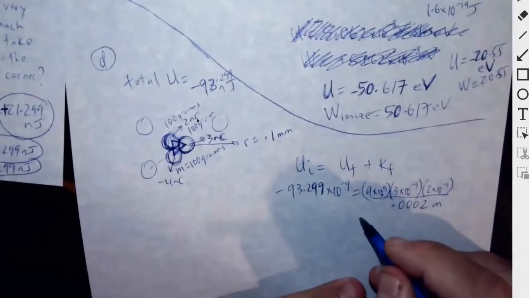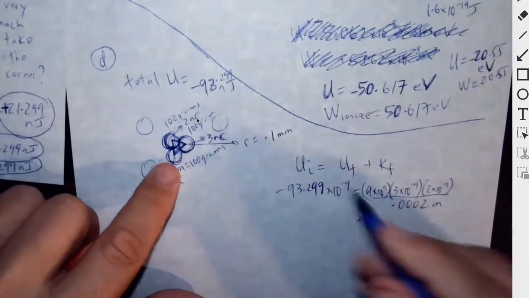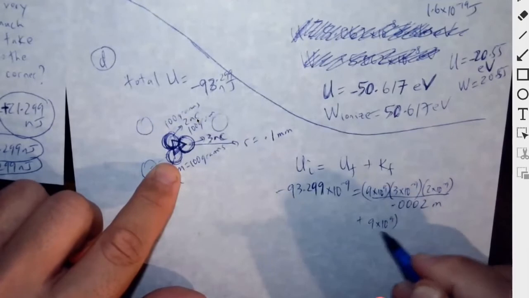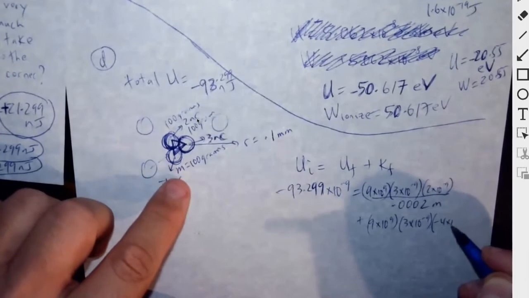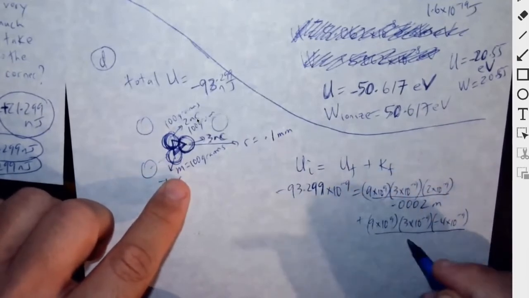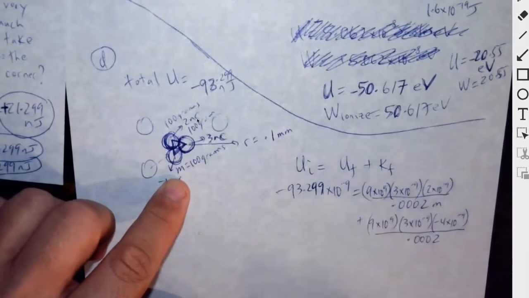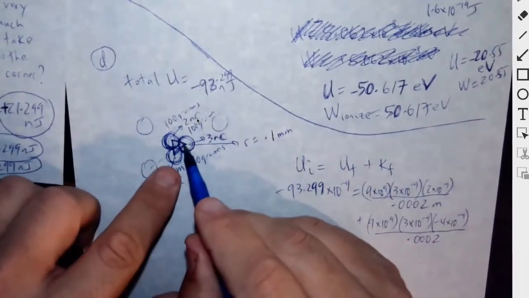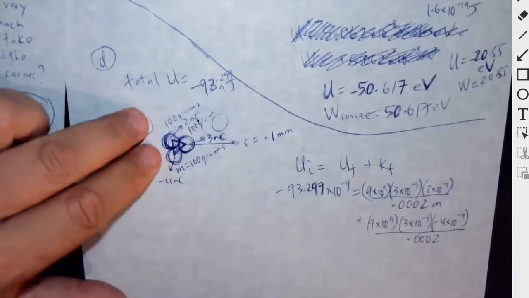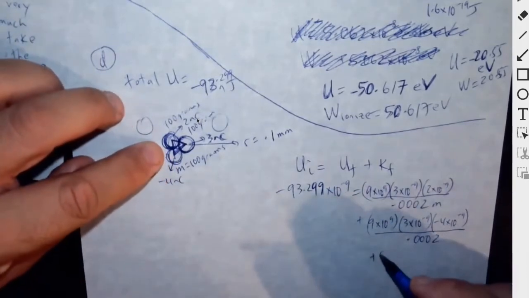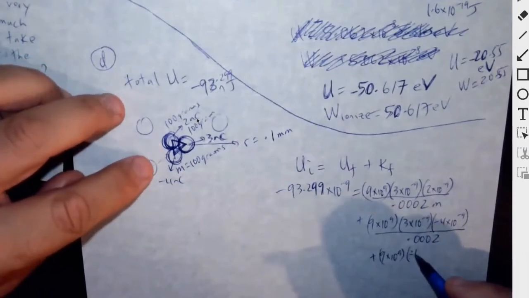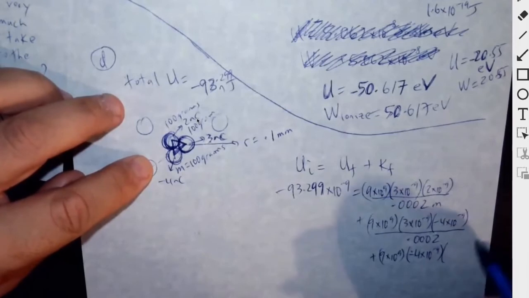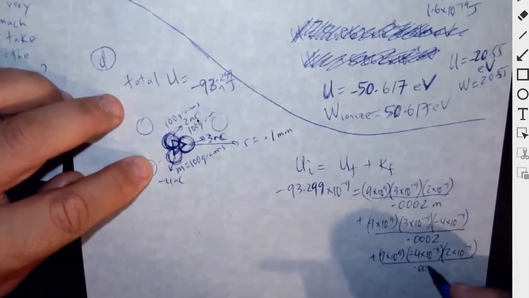Okay, then plus the potential energy of this with this, negative 4 times 10 to the minus 9, and then this with this, and then this with this. So you just have to make sure to do all the combinations. Negative 4 times 10 to the minus 9 times 2 times 10 to the minus 9, over 0.0002.